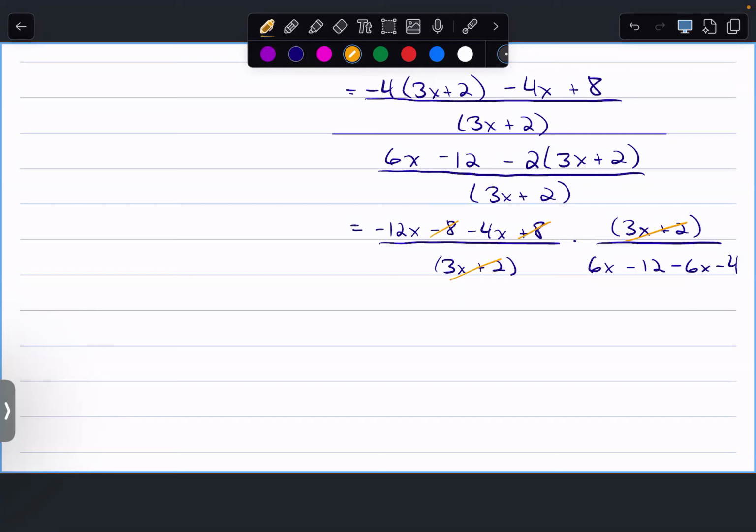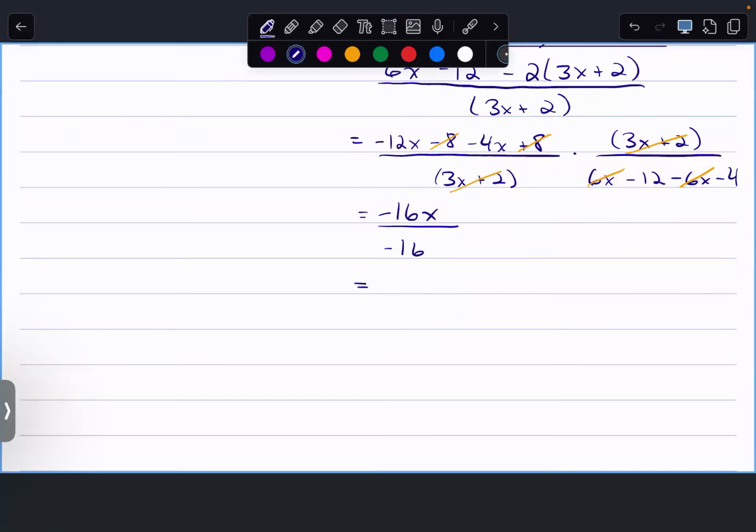That's nice. 6x minus 6x. And I can collect like terms. And I can get to negative 12 minus 4x is minus 16x divided by negative 12 minus 4, negative 16, which is x.